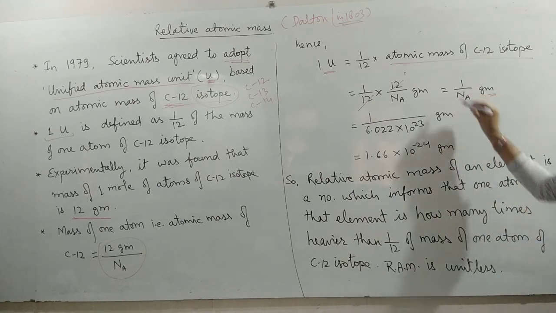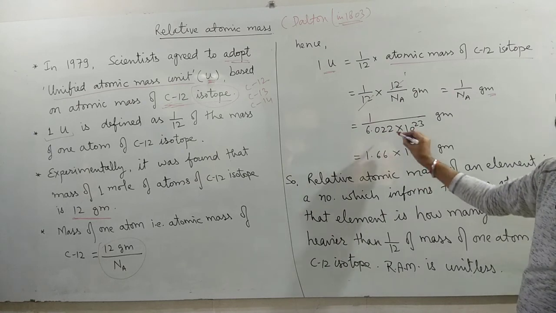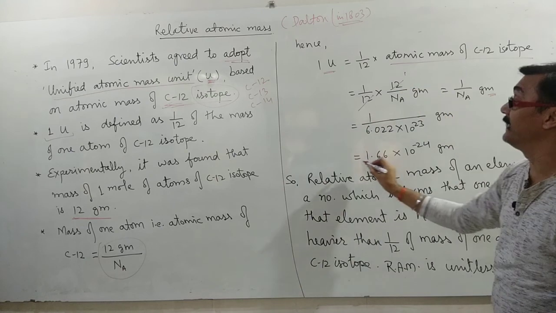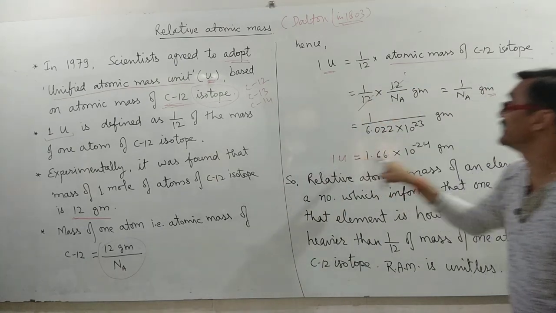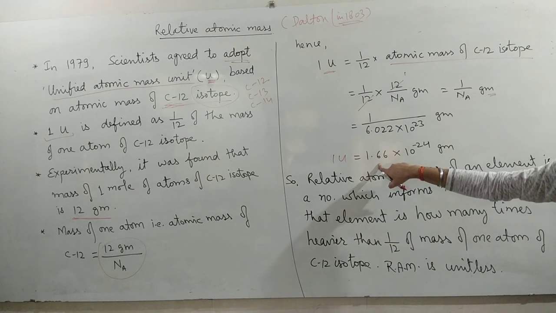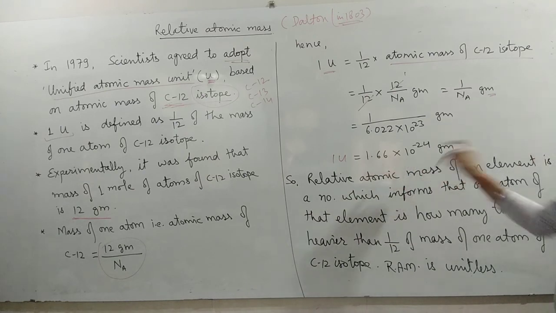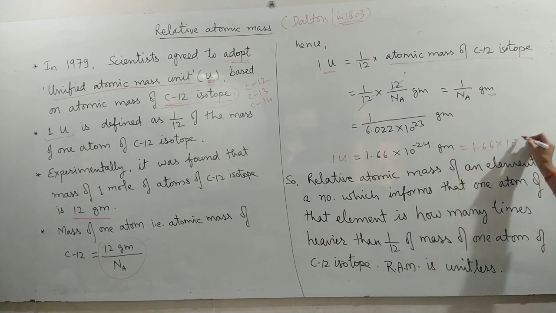When the value of Na is put here, 1 upon 6.022 into 10 to the power 23 gram. Then on calculating, we found 1 U is equal to 1.66 into 10 to the power minus 24 gram, or you can say 1.66 into 10 to the power minus 27 kilogram.